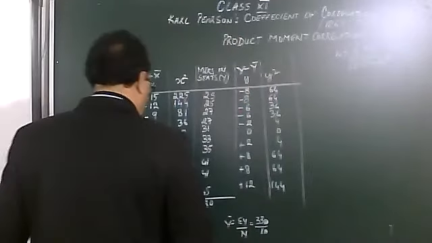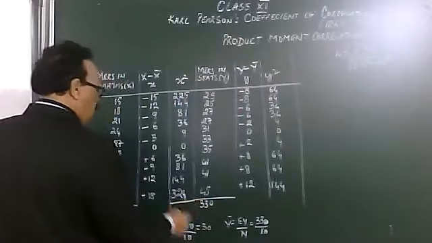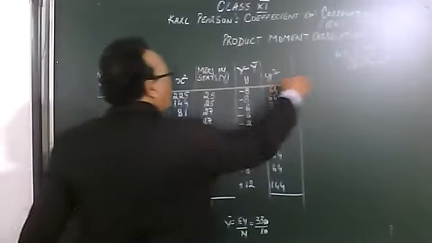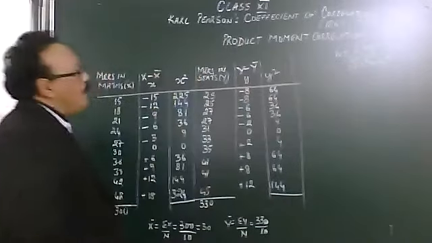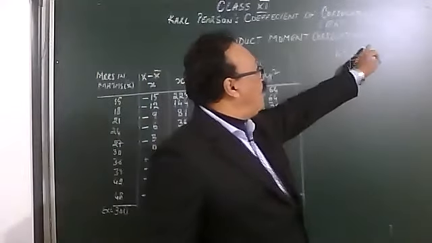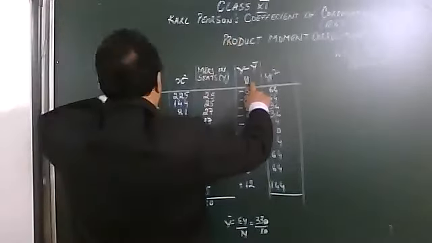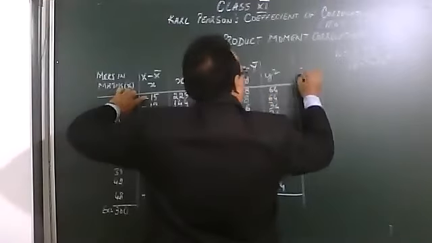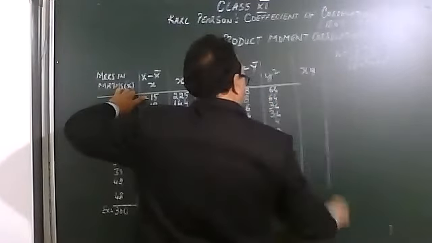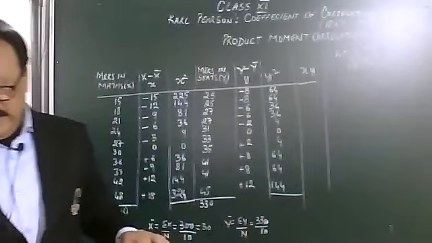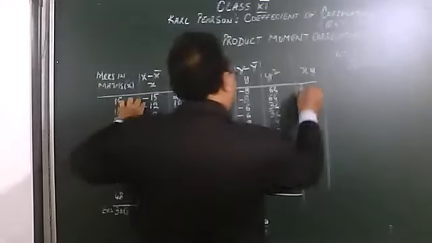So first and foremost, we have to sum up to get x squared and y squared, which we need, and we also need the sum of xy. That is, this small x and this small y have to be multiplied to get xy. That is 15 into 8, 120.